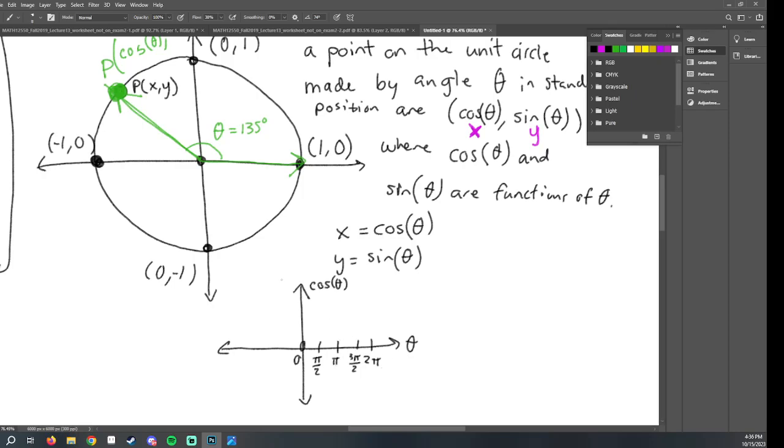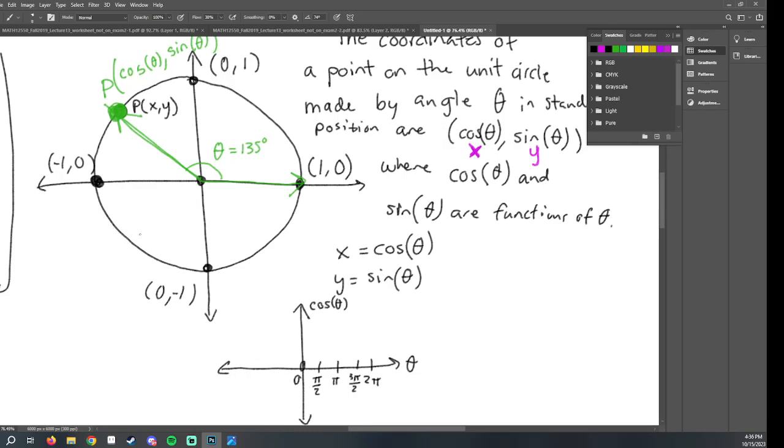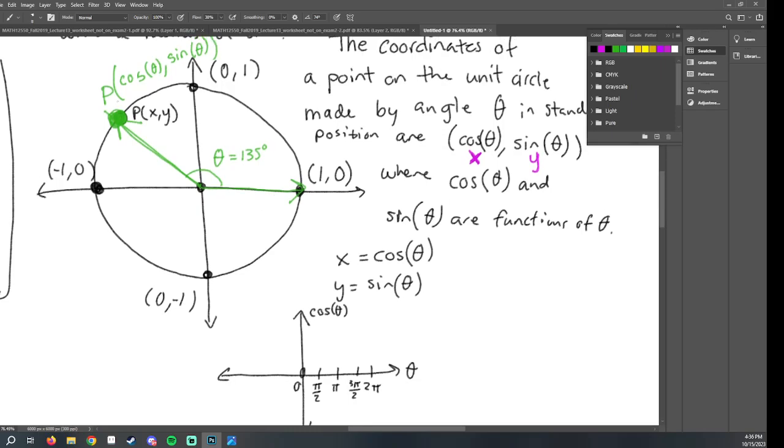Now, I'm going to ask you a question. I want you to follow along with me while we do this. Remember the cosine represents the x value of a point on the unit circle. I want you to stop thinking of this green point P as our point, and I want you to start imagining a point that starts over here, and we're going to have it move around in this clockwise direction, okay? So bear with me. We're starting right here at theta equals 0, right?